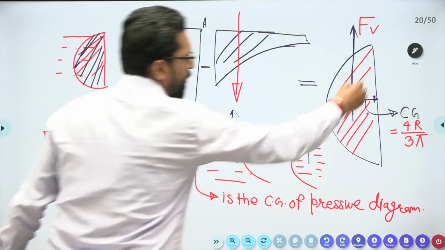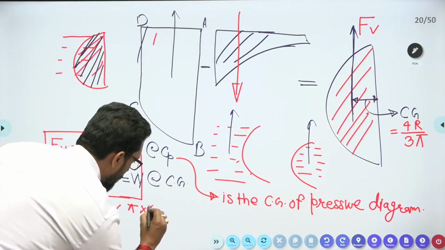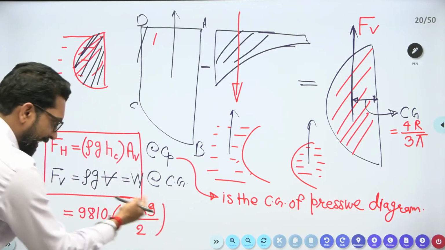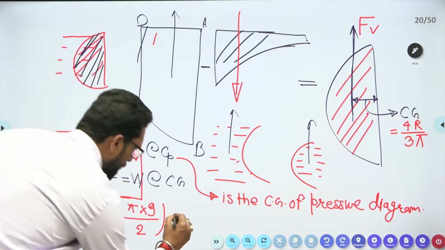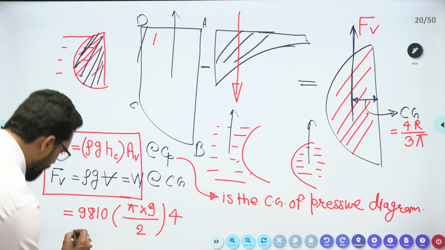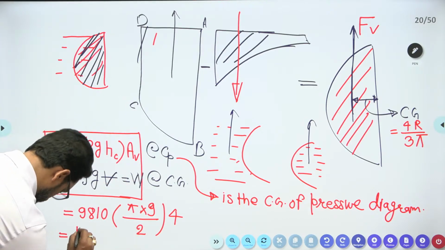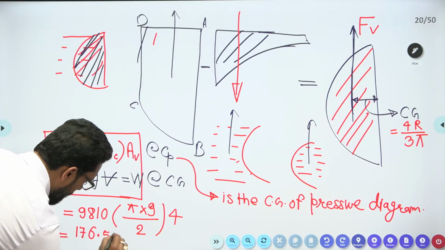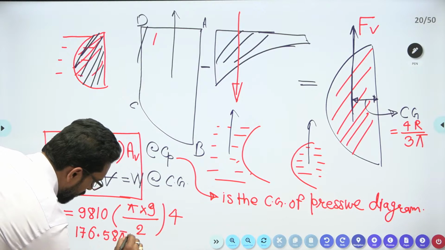Pi r square by 2, what is the r? 3. So 9 pi divided by 2, this is the area, into the depth, which is 4. So this is your vertical force, and that is 176.58 pi kilonewton.